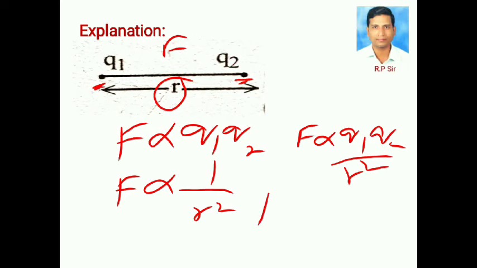Therefore, F is equal to some constant K into Q1 Q2 by r square.